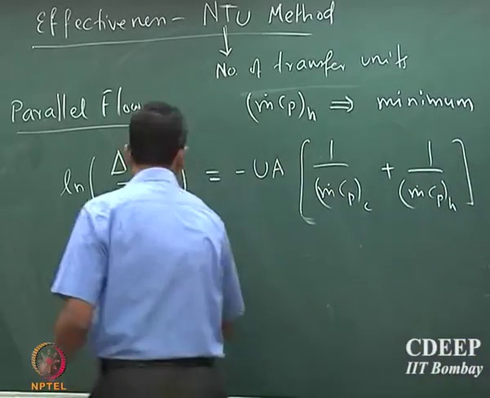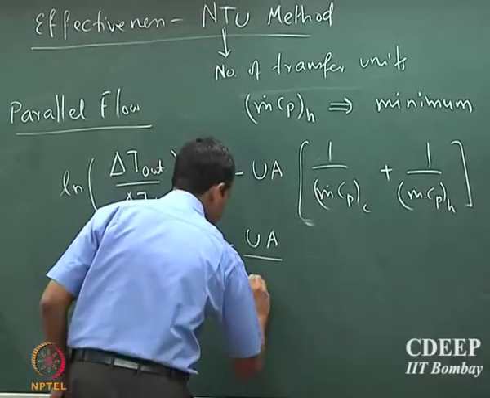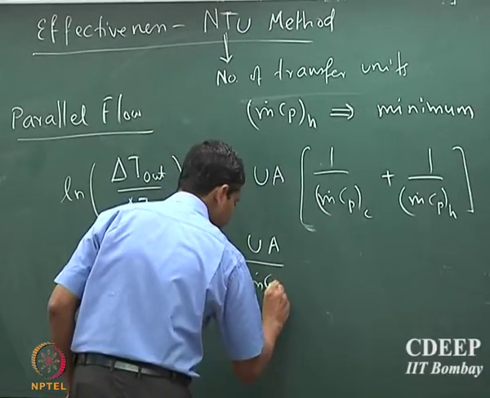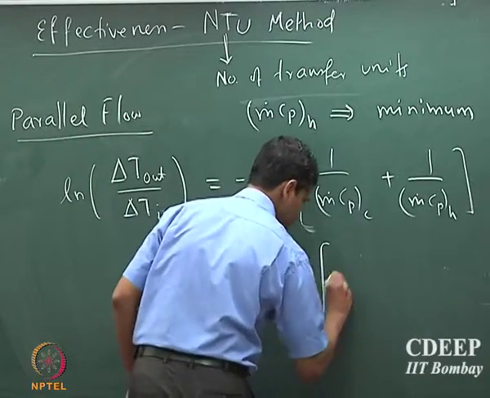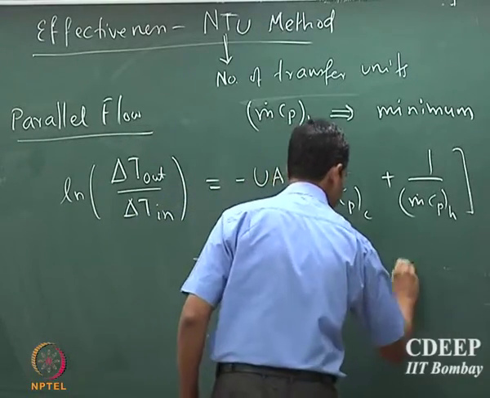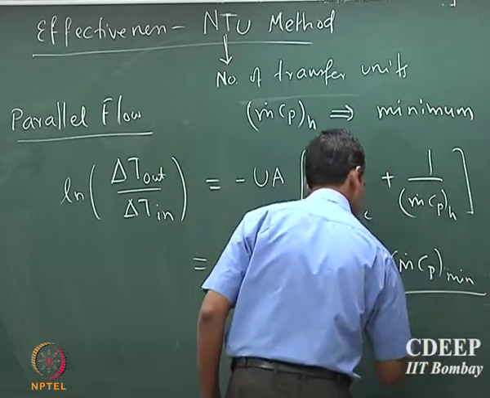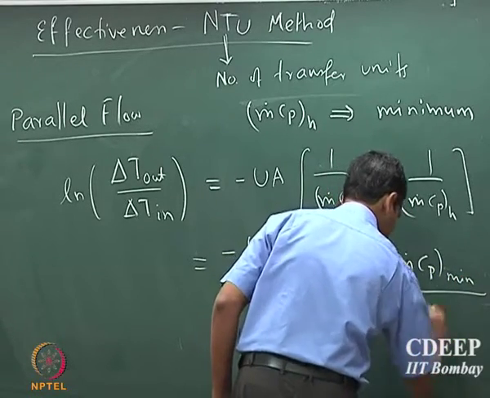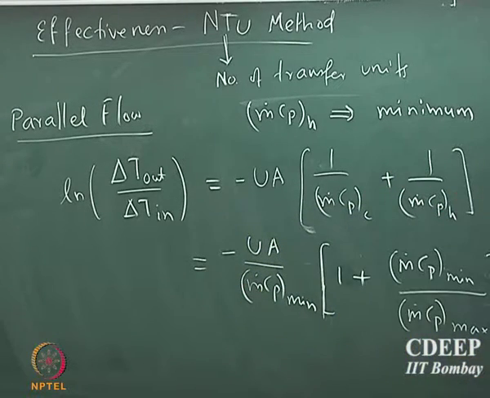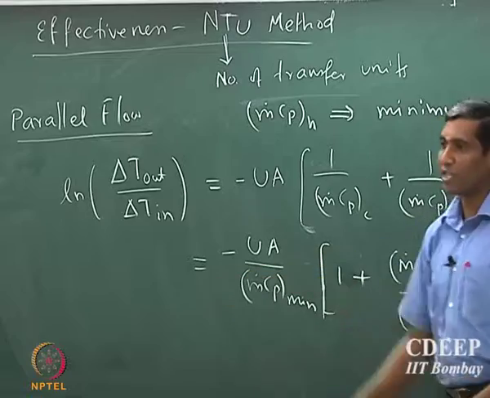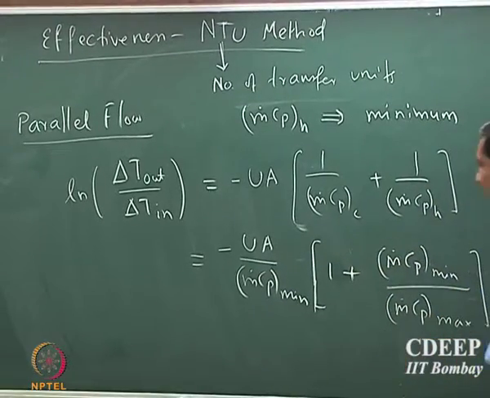Okay. So now I can rewrite this as minus UA divided by m dot Cp min, multiplied by 1 plus, okay. All I have done is pulled out the minimum, which in this case is the m dot Cp of the hot fluid. Okay.